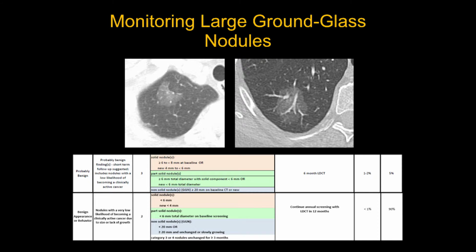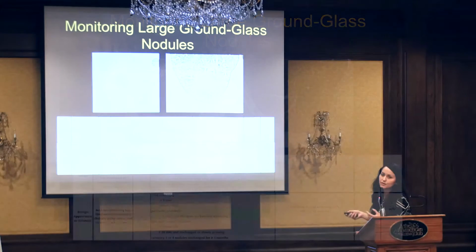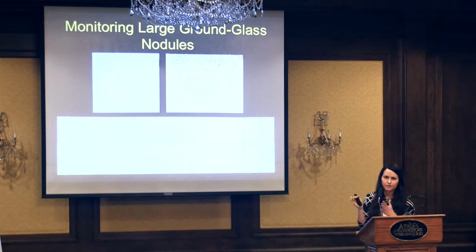And actually, Lung-RADS is a little bit aggressive in its behavior. Fleischner usually, when we have a ground glass nodule, says get a follow-up in 3 months, just to confirm the persistence. Lung-RADS actually gives you 6 months, because whether or not they're cancers, they usually grow very slowly and have relatively benign behavior.